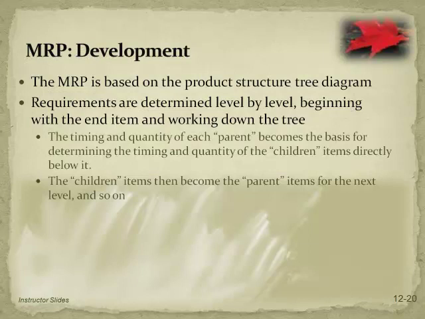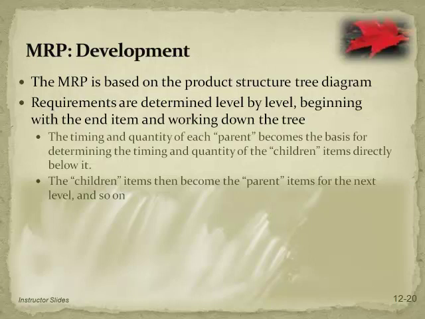So MRP development: it's going to time phase all these requirements, and it does what is referred to as level by level planning. In other words, it always starts with low-level code 0.